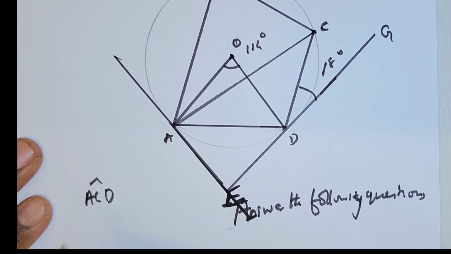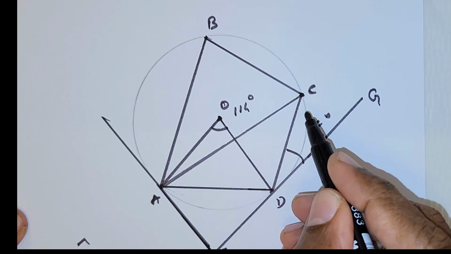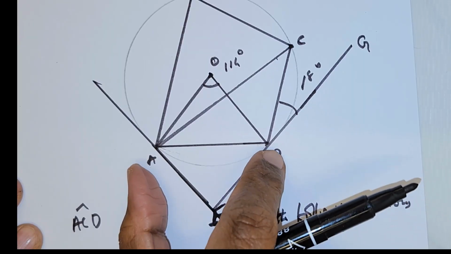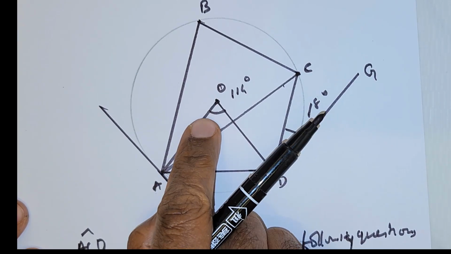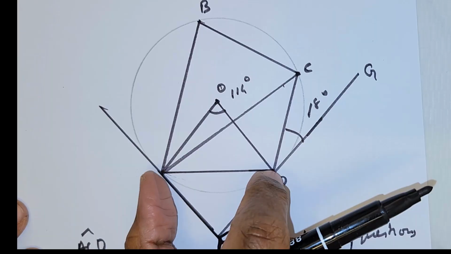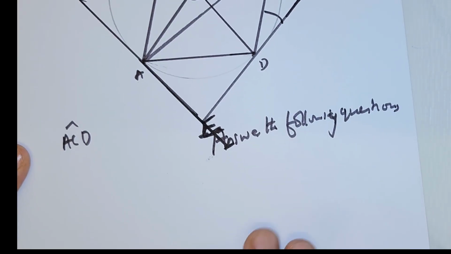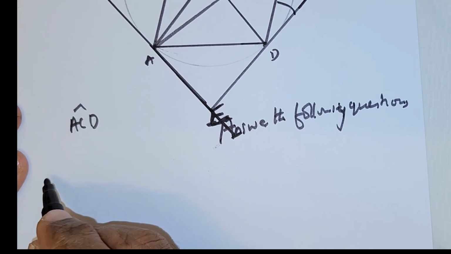Okay, now we will have to get ACD. This angle is required. Now you see this chord AD, this creates an angle at the center, and the same chord creates an angle at the circumference. So I'm going to use this theorem.